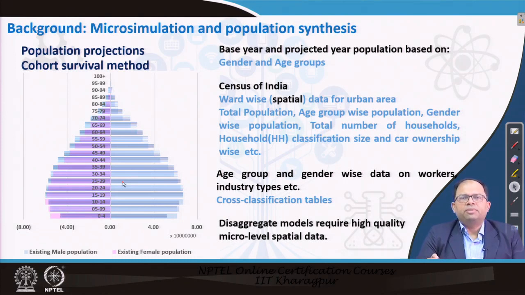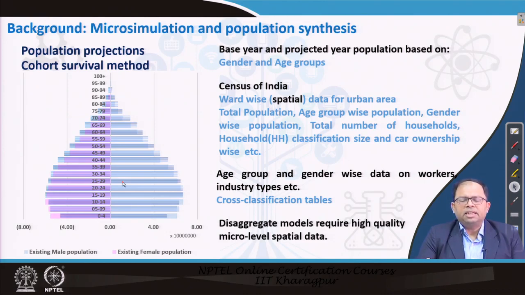When we look at the Census of India, we see that the data provided is ward wise. That means the ward is the spatial zone that we are talking about, and the data that we see is the total population, age group wise population, gender wise population, total number of households, household classification based on the number of people living in those households, that is, household size, and car ownership of those households.